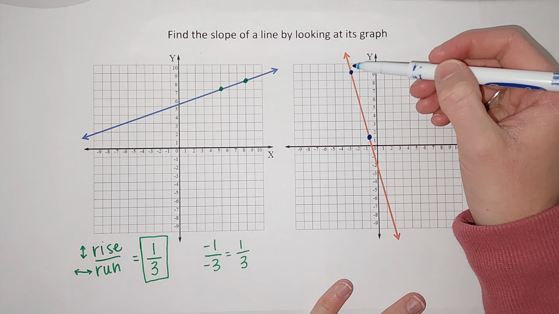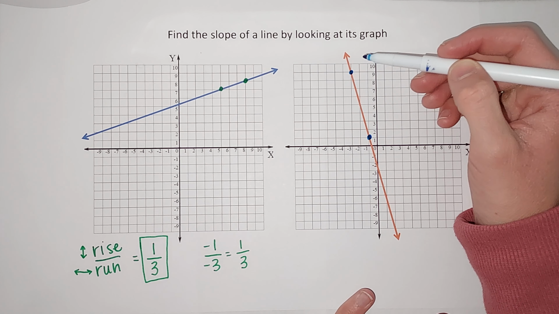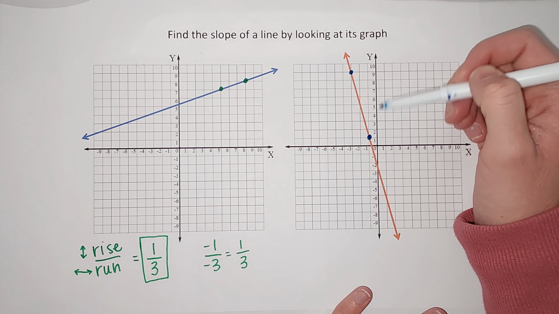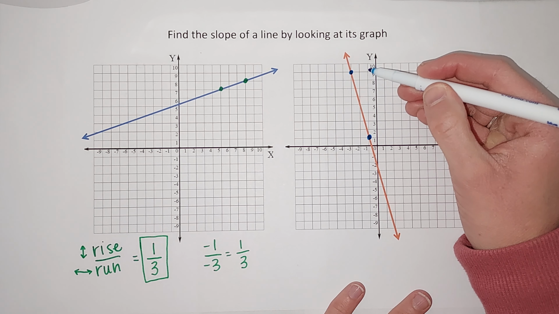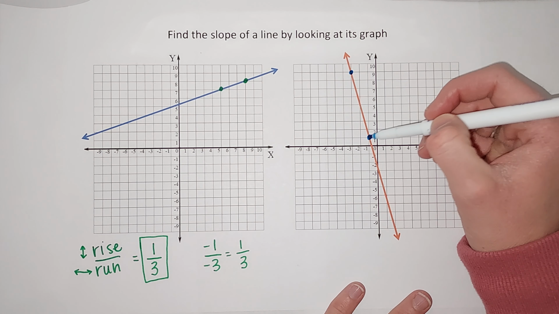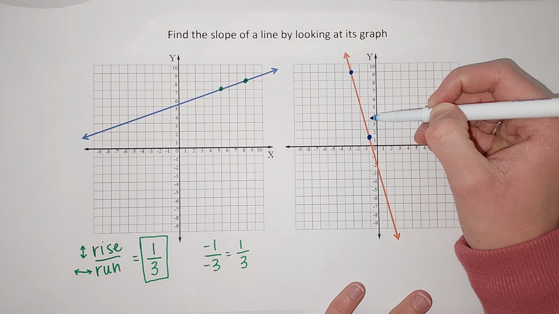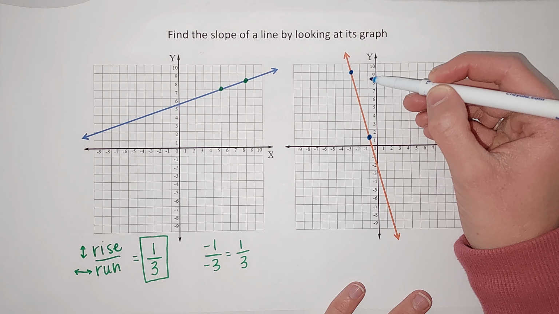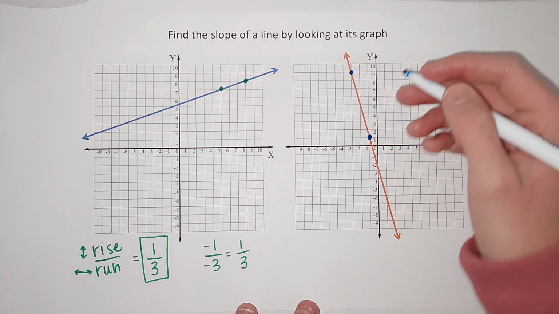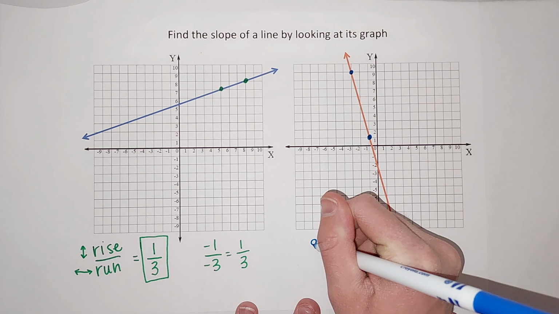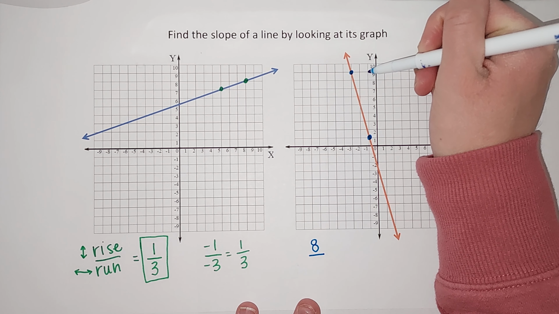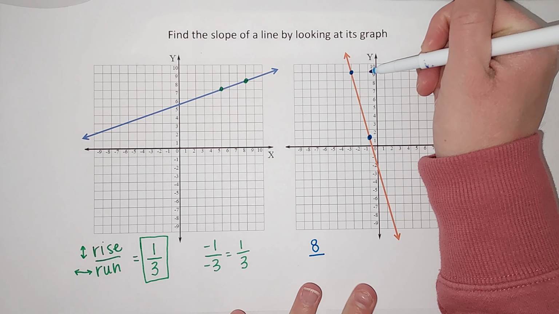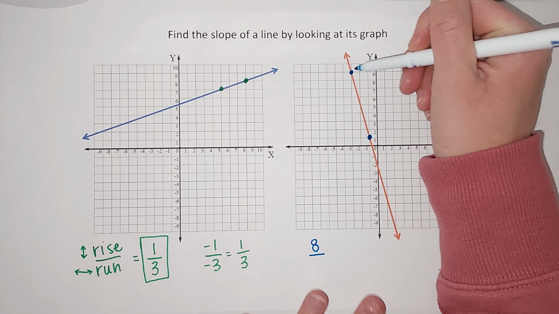Again, we can start at either one, just making sure we do up and down first. So I'm going to start here and do rise over run. So we're going up 1, 2, 3, 4, 5, 6, 7, 8. So my rise, or up and down, was 8. We are going to the left 2. Left is negative. So 1, 2.